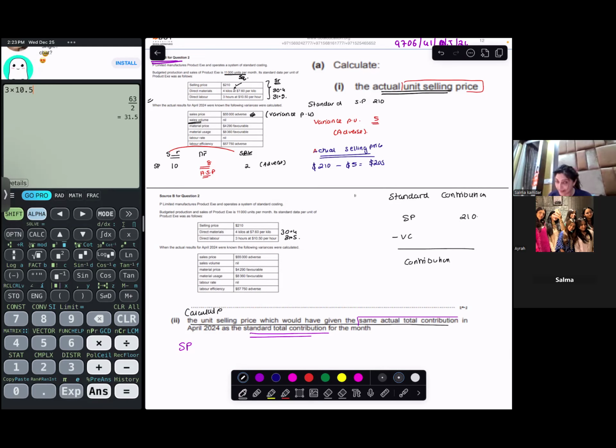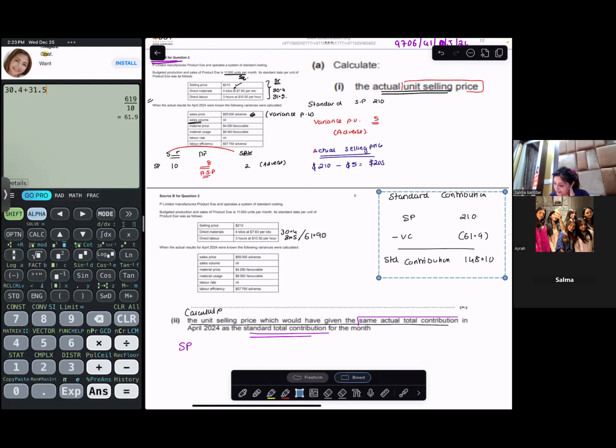What is my total variable cost? 61.90, that is 30.4 plus 31.5. So my standard contribution is sales minus variable cost. It is 148.10. This is my standard contribution, correct?